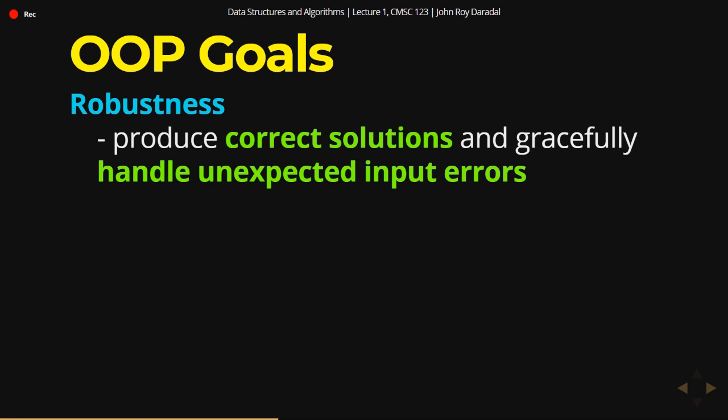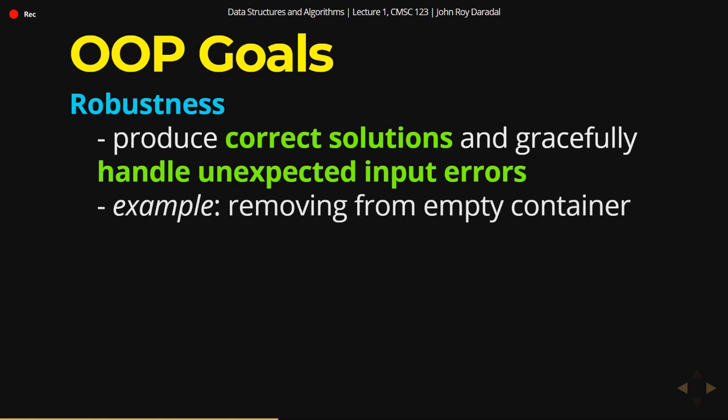It must not only be correct for correct inputs, but what if it has wrong inputs, right? As an example of unexpected input errors, what if we try to remove from an empty container? There's nothing to remove, so it should be an error, right? We'll learn more about that later. So our code should be robust.